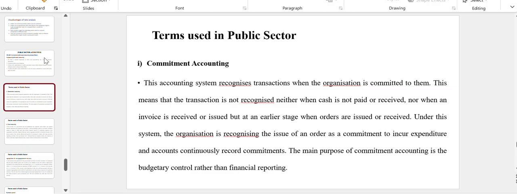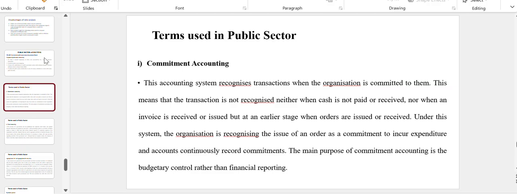And I know this one is different from the private sector, from the provisions of International Financial Reporting Standards, International Accounting Standards, even generally accepted accounting principles, GAAP. So commitment accounting is when you recognize a transaction once you commit to it.